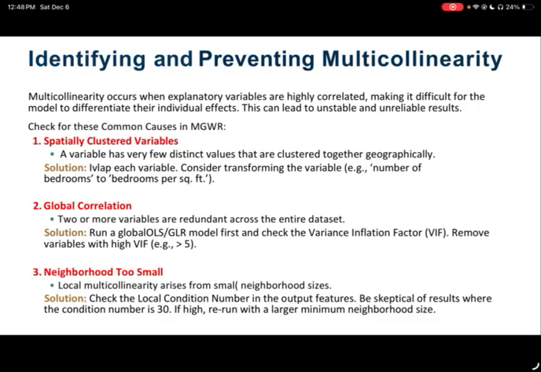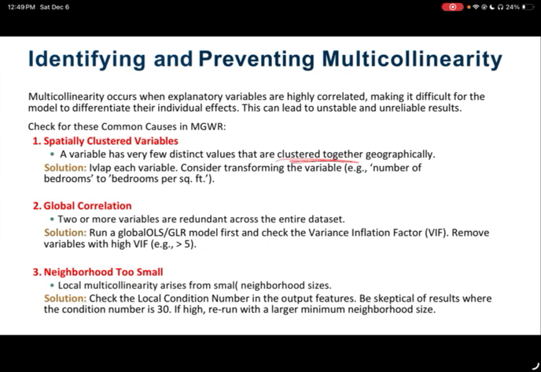And then the last thing that we need to consider is how we prevent multicollinearity. In GWR and MGWR, multicollinearity is one concern. And to avoid this, first we need to make sure that the variables that we include don't have a clustering problem.